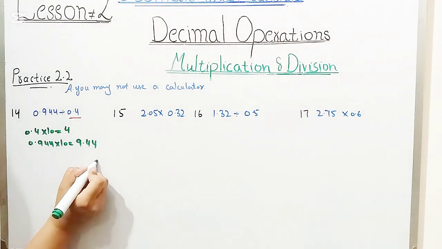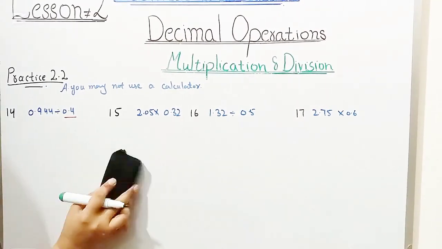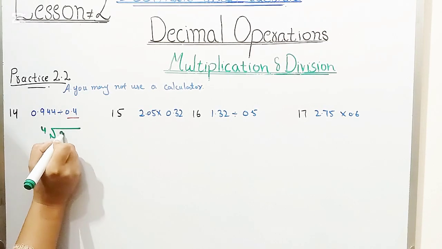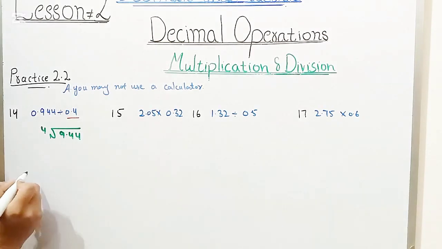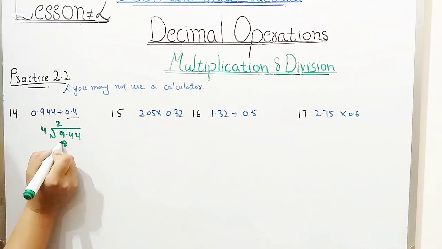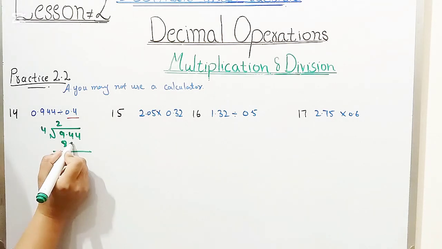Okay, now I will divide it. For 9.44, 4 1s are 4, 4 2s are 8. Then I will subtract it. 9 from 8, 1.